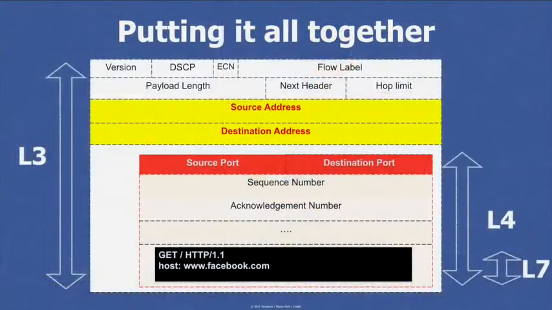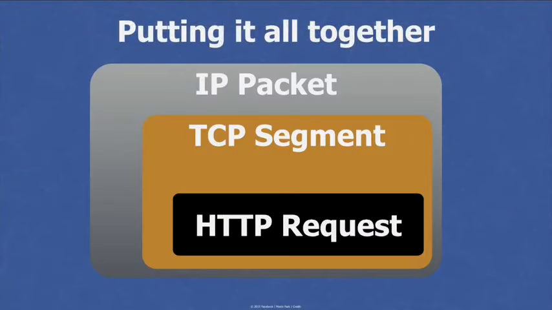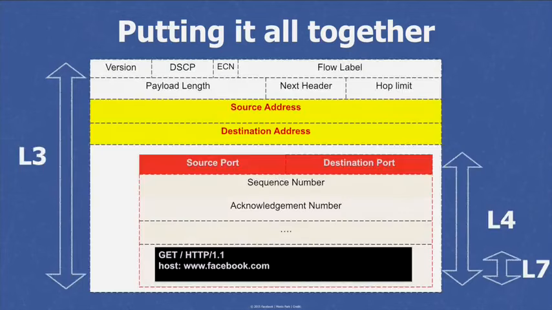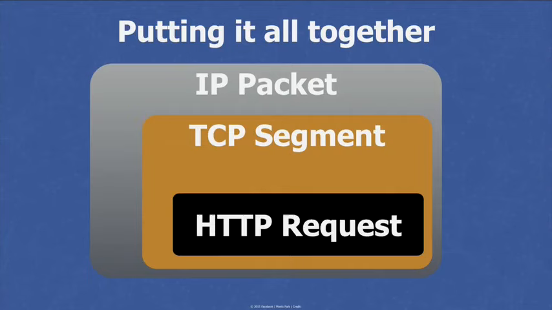So putting it all together, you have your layer 7 encapsulated in layer 4, encapsulated in layer 3, and that's what the internet is routed upon. So for the remainder of this talk, I'm just going to simplify this, and this is how we're going to talk about the packets, the actual requests.